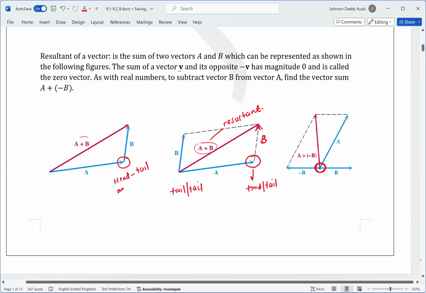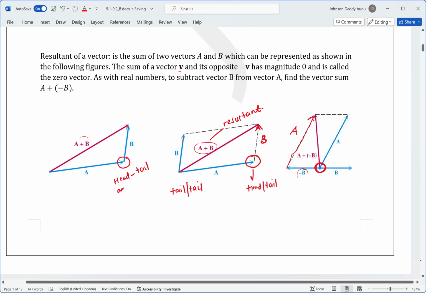Then we have to rearrange it. We can reverse the direction, so this becomes minus B, right? And this vector A, you can also move it here. So this is also vector A. They'll have the same magnitude and the same direction.